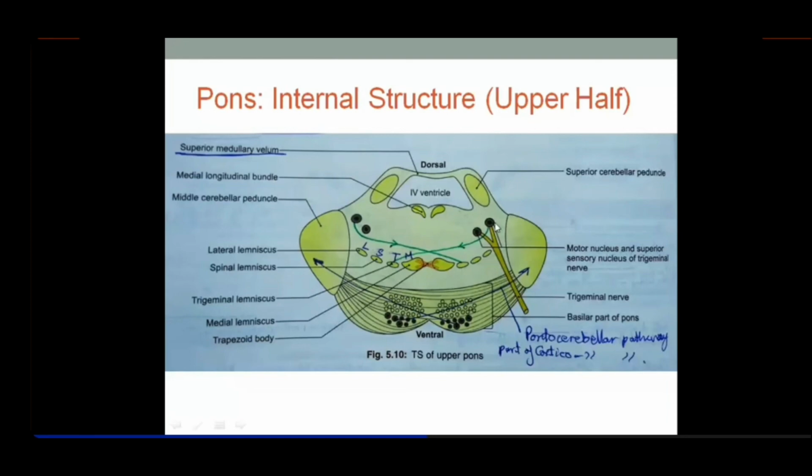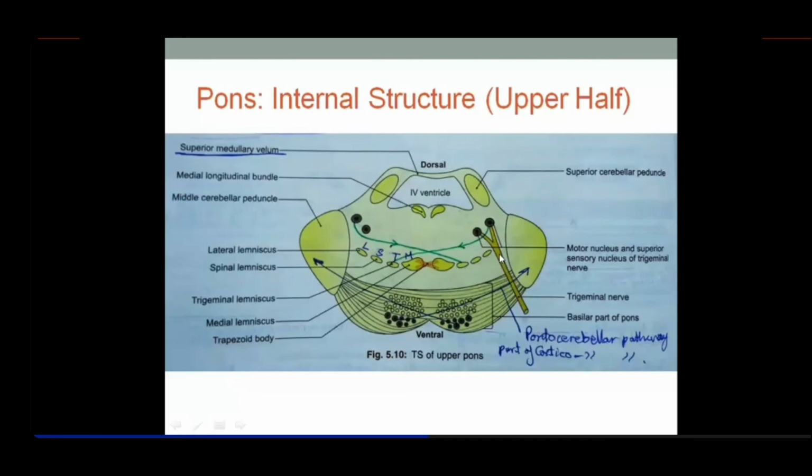They relay here. Then the second order fibers cross. An important point is they cross here, right? This is an afferent now. So we are not talking about the motor fibers. Motor we are just leaving. Those will be lower motor neurons. We are talking about the afferent pathway of sensation.